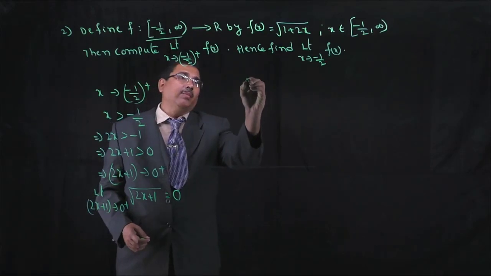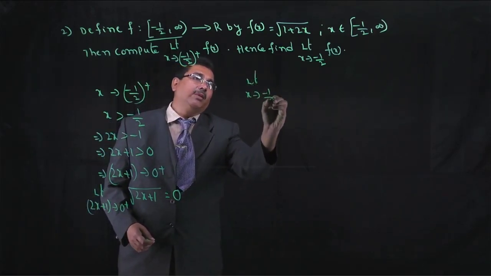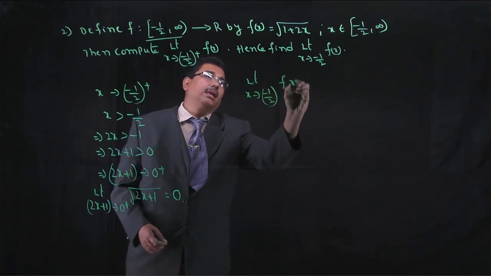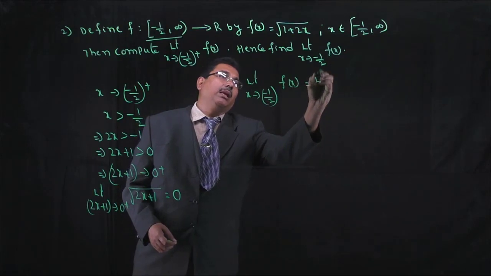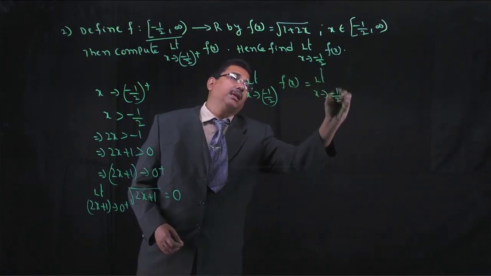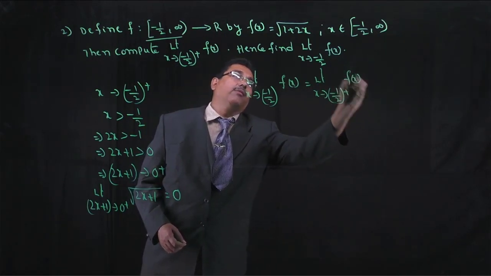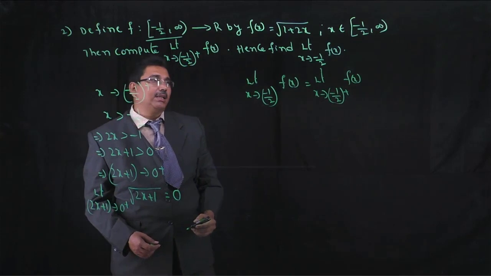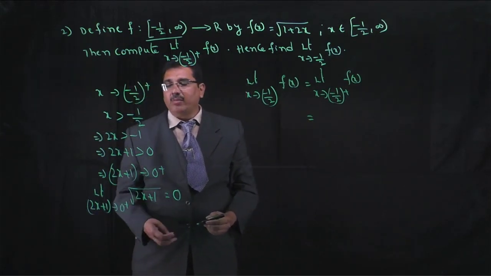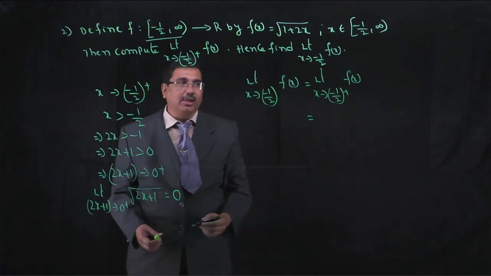Hence, limit x tending to minus 1 by 2 of f of x is equal to limit x tending to minus 1 by 2 plus of f of x, that is equal to the right hand limit at x equal to minus 1 by 2, which is 0.